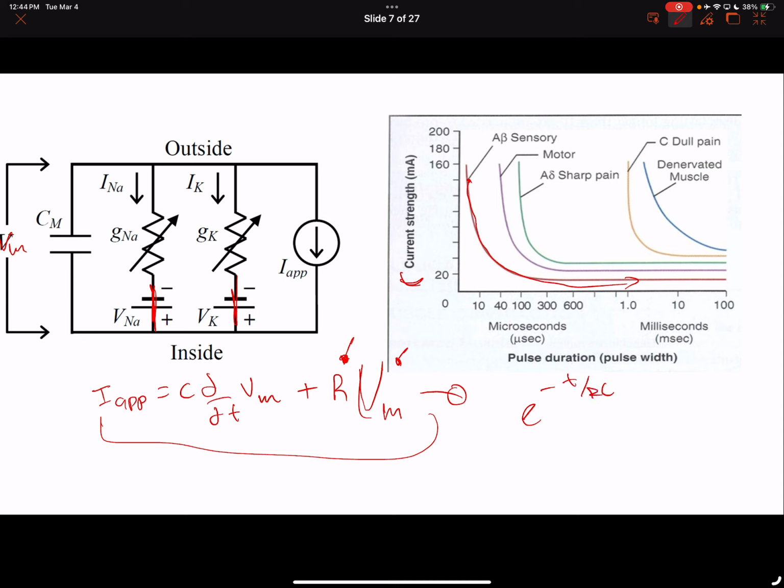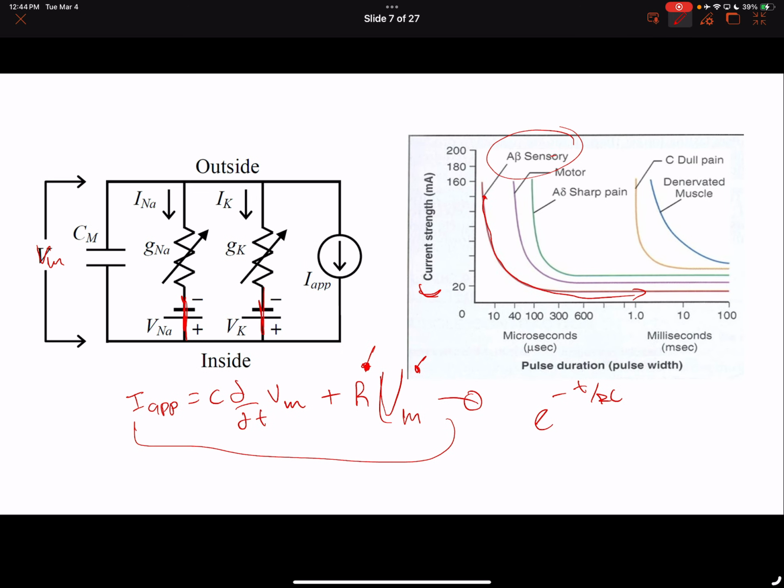Each cell has a different R associated with it, and so it's going to have a different latency. Typically, depending on the type of cell, it responds faster than other cells. Anyway, with the stuff that you've learned so far, you can pretty much understand all of this physiological stuff. That's just to motivate your learning.